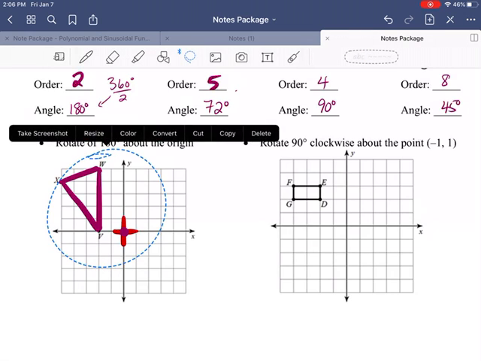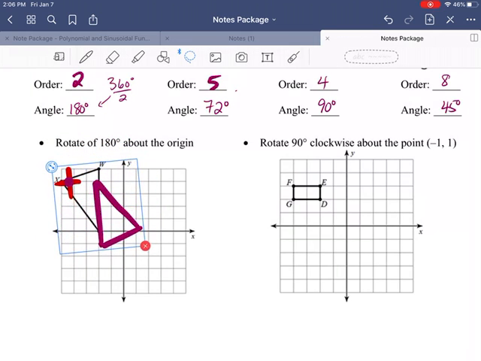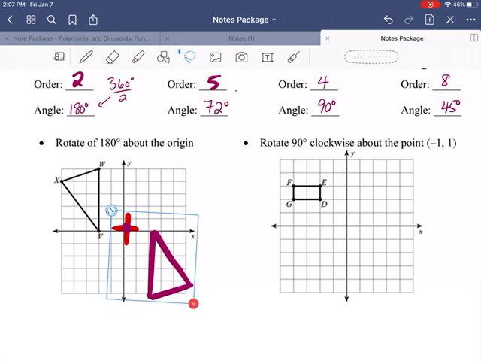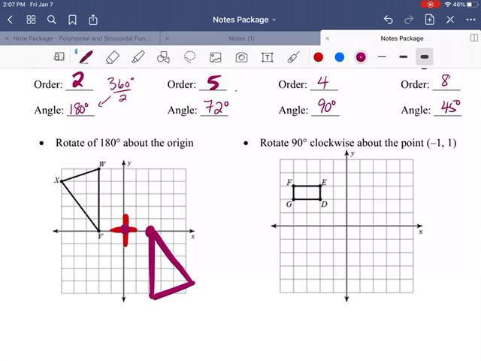And then what you do is you spin your tracing paper around, and keeping that origin on the origin, you end up with a shape down there, and I've made it a little bit too big. But hopefully you can see that the new shape is going to have a point there, there, and there. And this is the rotated image.